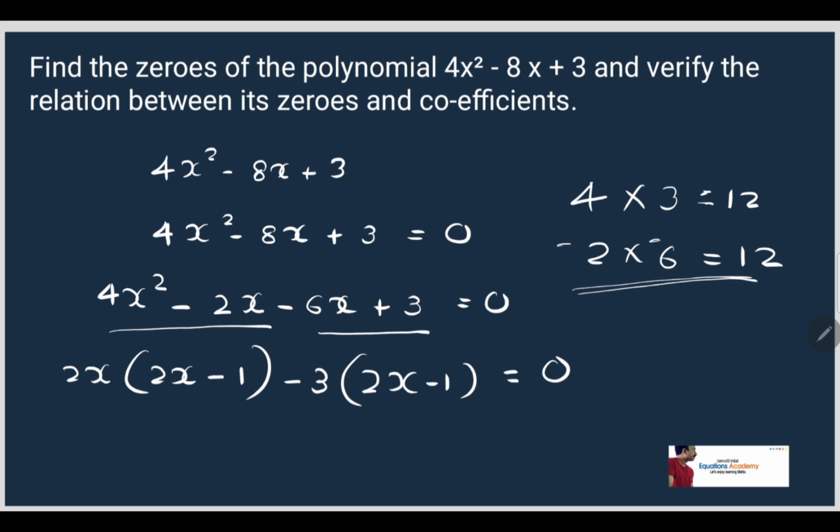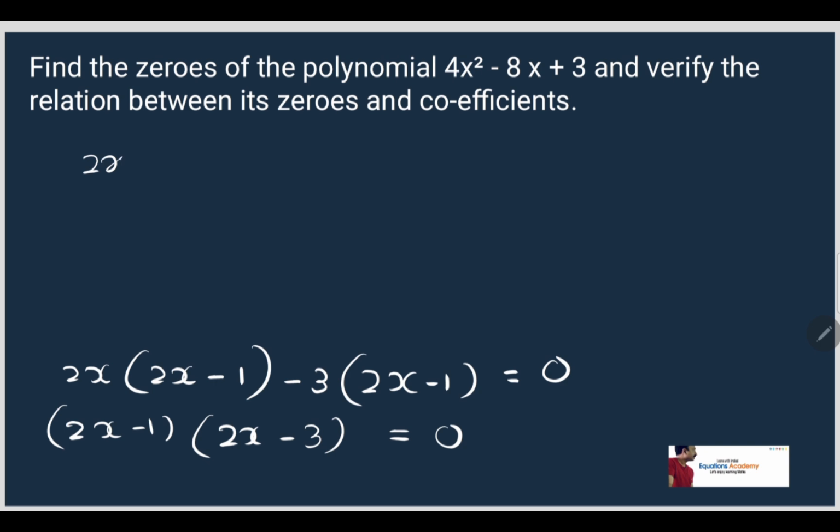Now we have 2x minus 1 common. So we'll take outside 2x minus 1 into, what is left here? There is 2x. Then next bracket there is minus 3. So 2x minus 1 into 2x minus 3 equal to 0.